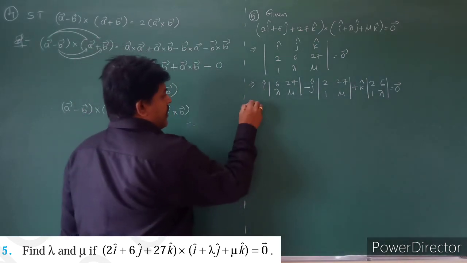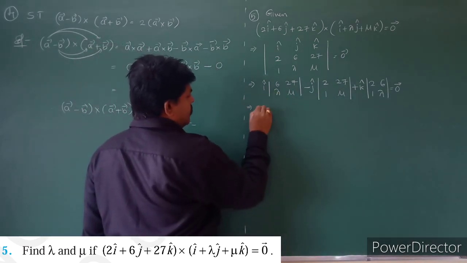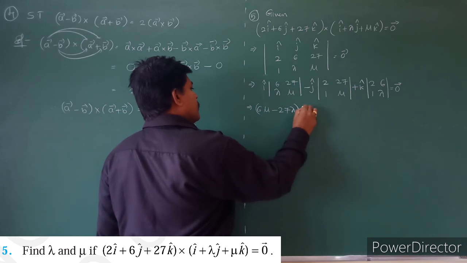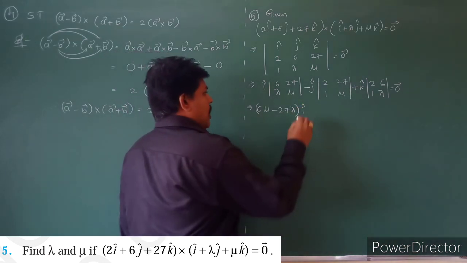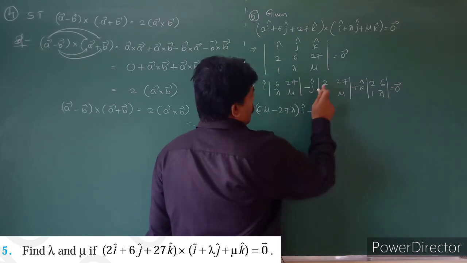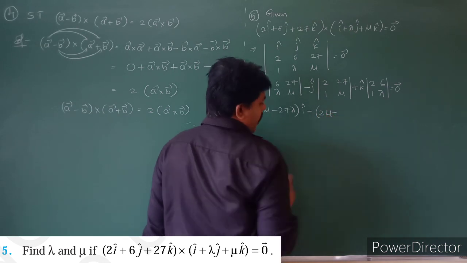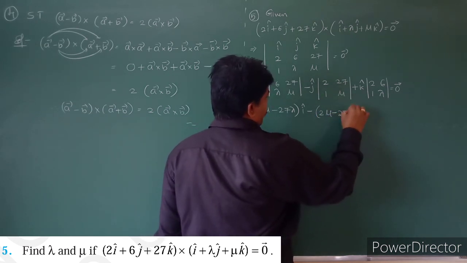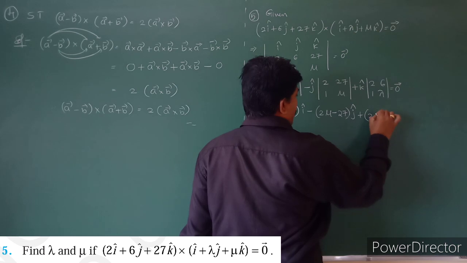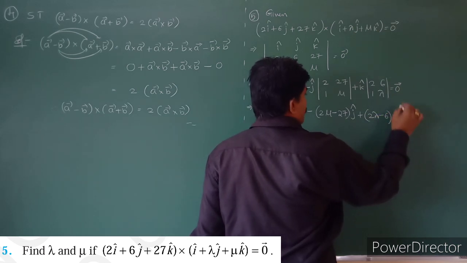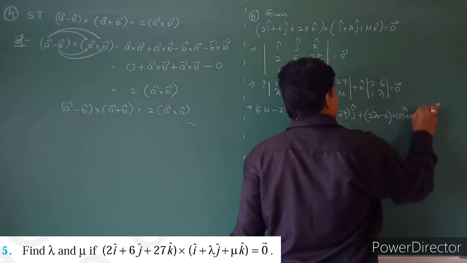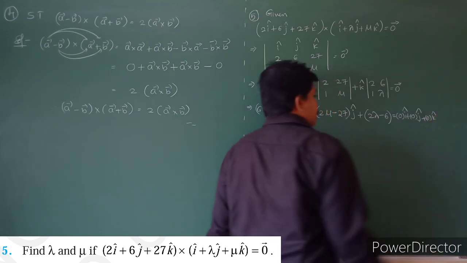So expand this value, that implies (6 mu minus 27 lambda) into i cap minus (2 mu minus 27) into j cap plus (2 lambda minus 6) is equal to 0 cap, meaning 0 into i, 0 into j plus 0 into k.